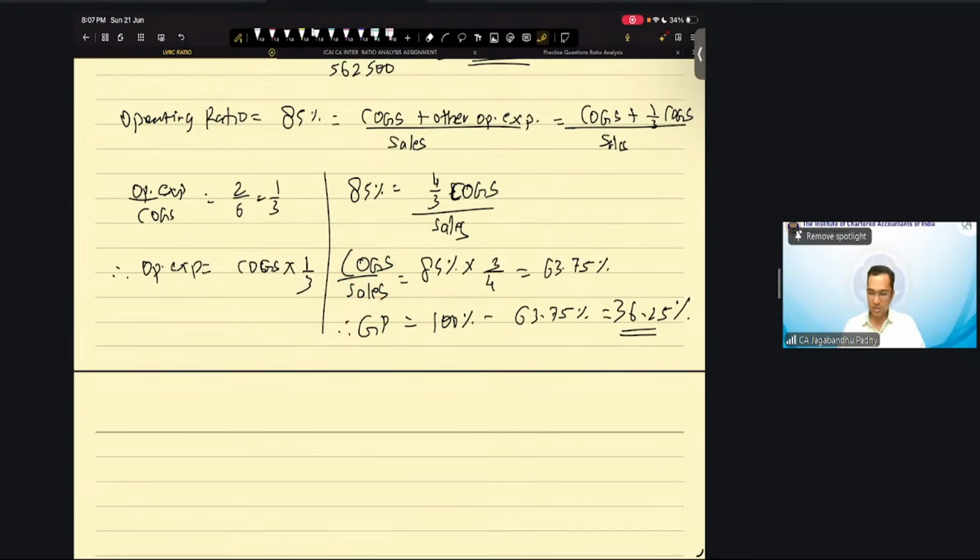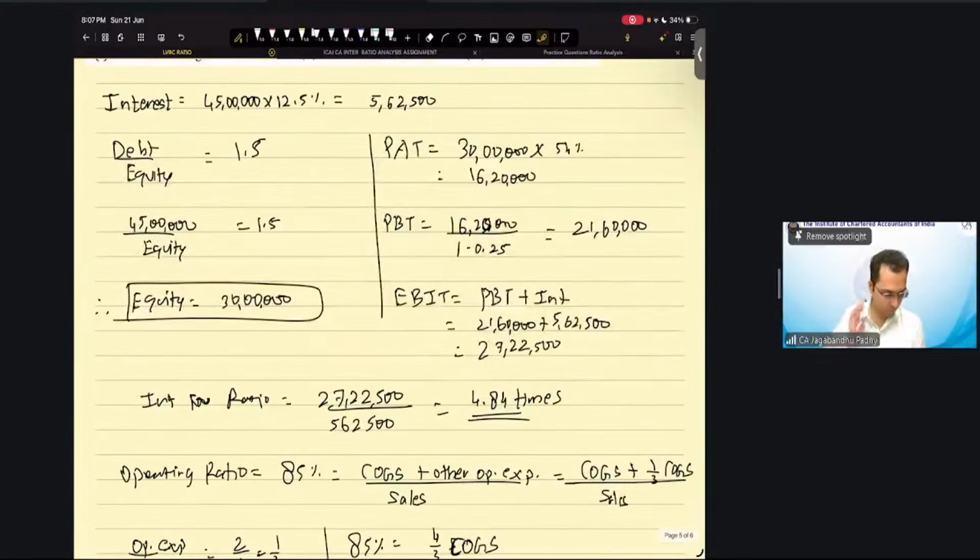Since your COGS is 63.75, your GP is going to be 36.25%. Fine. So that's your GP ratio.